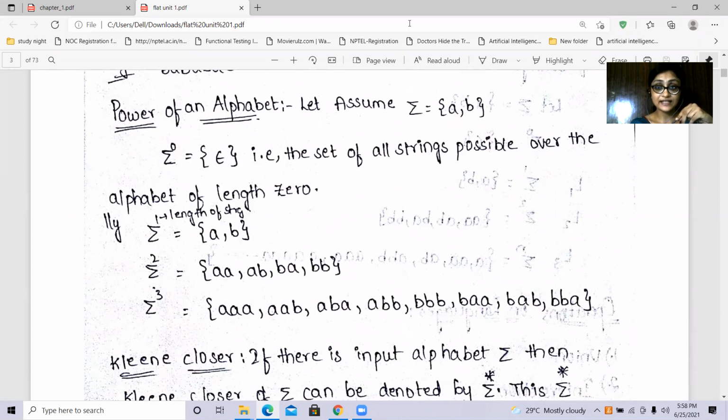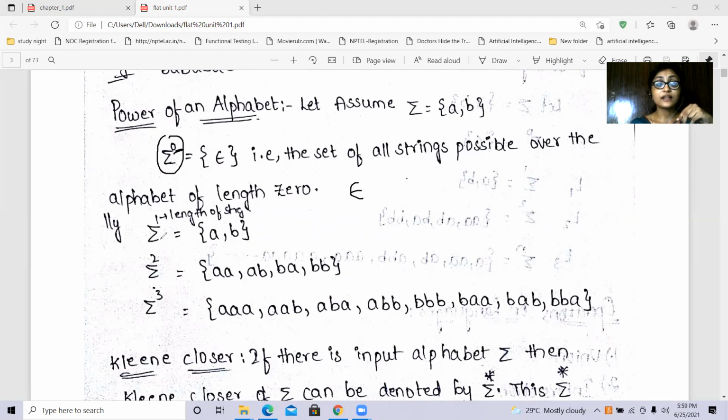Sigma power 0 says that the set of all the strings possible over the alphabet is of length 0. Here 0 represents that it has all the possible strings that are of length 0. We all know that epsilon is a string which is of length 0. The length of the given string epsilon is 0. Hence we can say that sigma power 0 equals the set of epsilon.